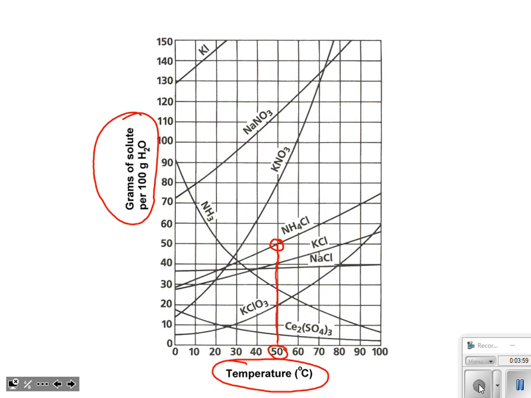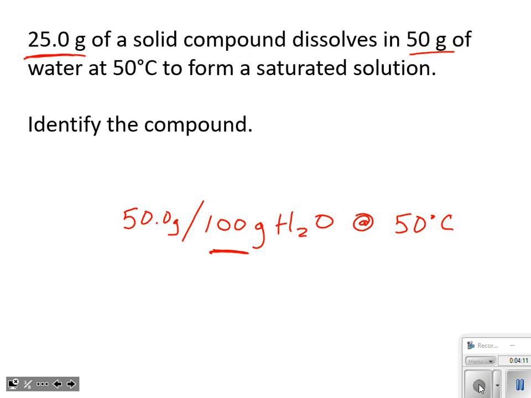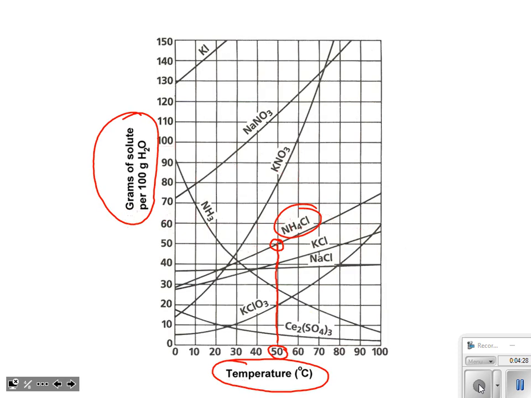So what do I have here? NH4Cl, ammonium chloride. So that is going to be the compound. NH4Cl is my compound. I just read my chart.